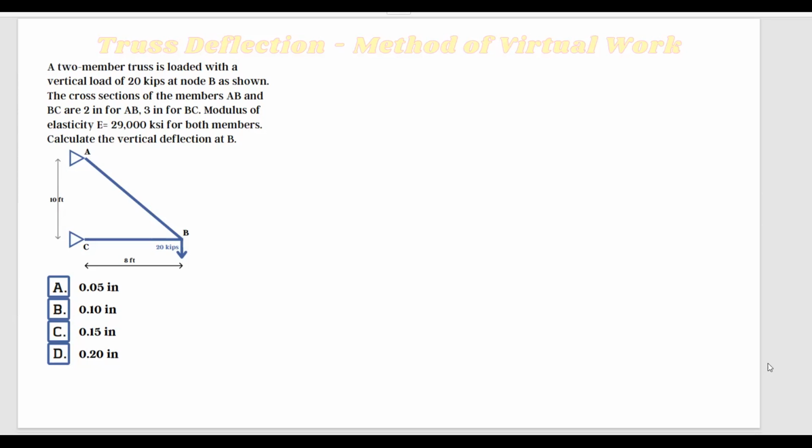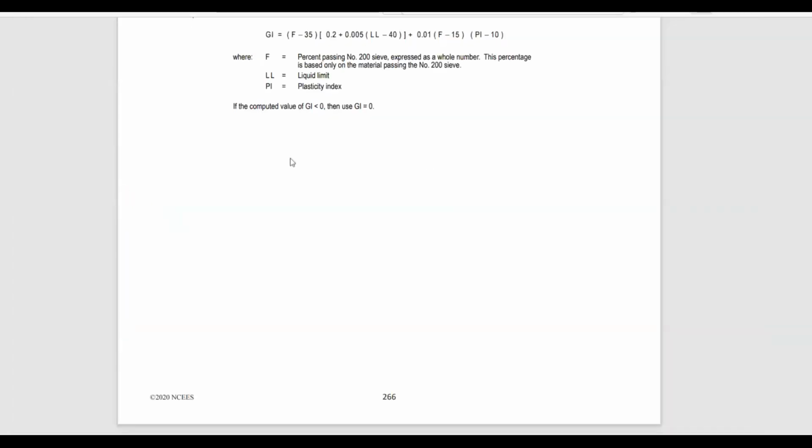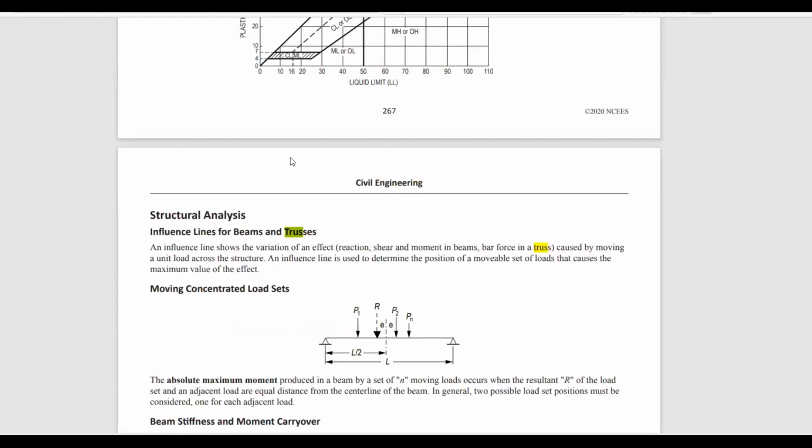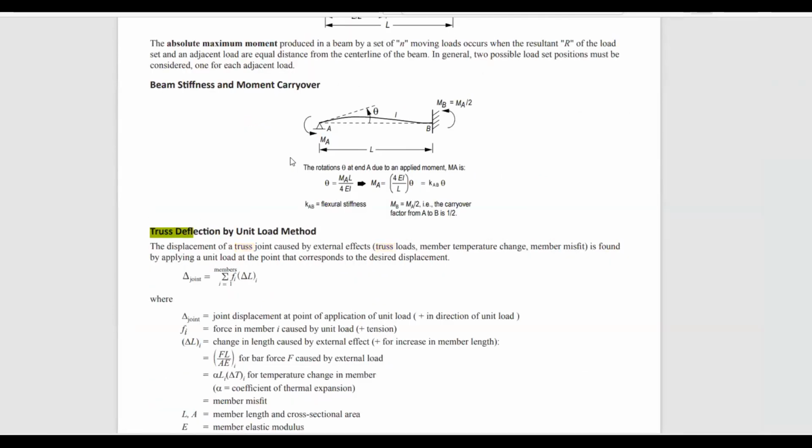How do we calculate the deflection? Well, first of all, I'll go to the FE handbook and type truss deflection, and it's going to lead you to this formula, which is F times delta L, and delta L is shown as capital F times L over AE.